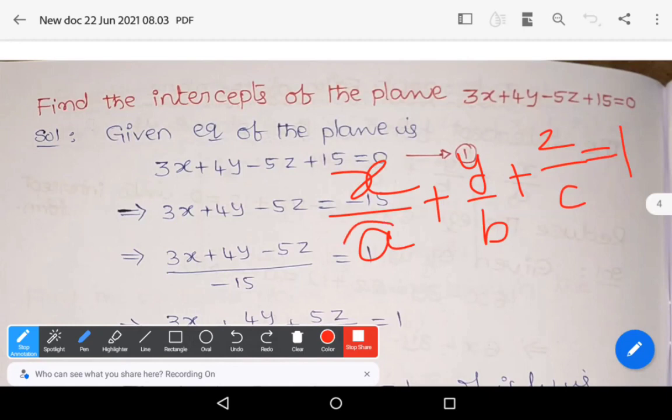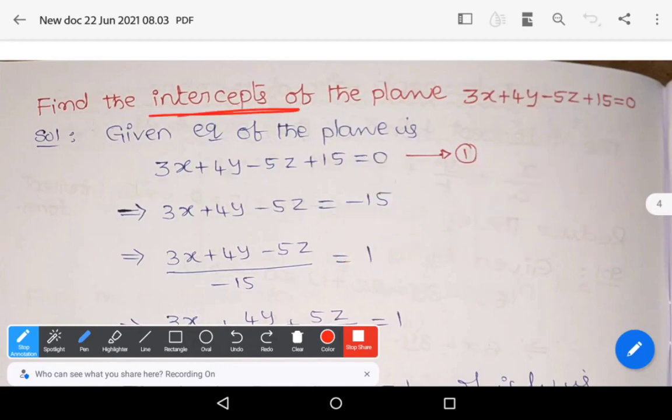So a is the x-intercept, b is the y-intercept, c is the z-intercept. What it means is you have to reduce the given equation into intercept form, and then you can easily find the intercepts a, b, c.